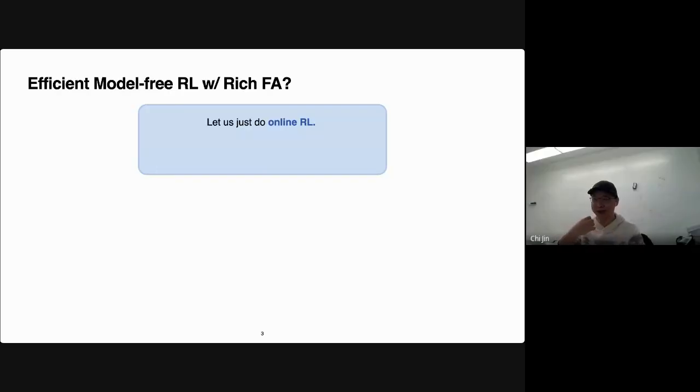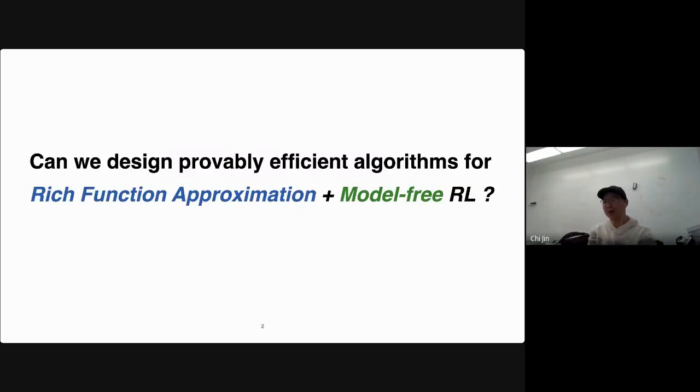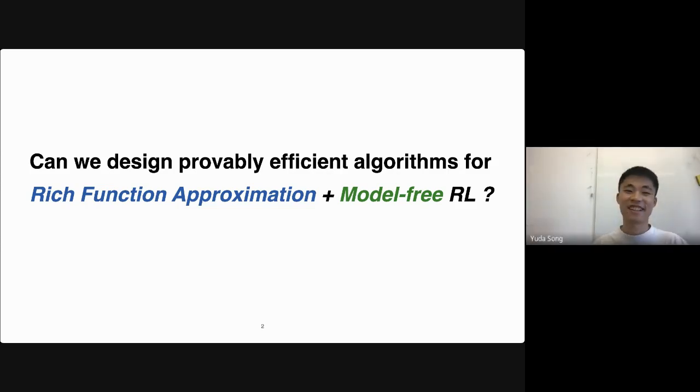Could I ask a quick question about this? Yeah. So when you pose a question like this, are you kind of implying the rich function approximation plus model-based setting is already solved, or you're not interested? I think at least to my personal taste, rich function approximation plus model-based is less interesting to me.